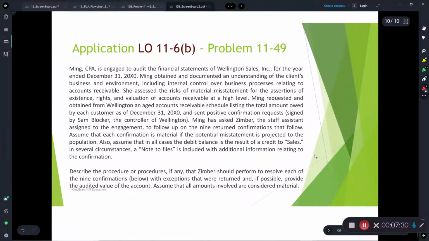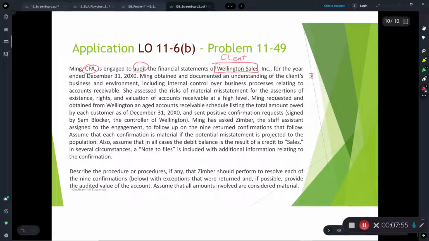We're going to take a look at an example situation where we're basically going to audit this company called Wellington's. This is our client. So we're the CPA, and the CPA obtained and documented an understanding of the client's business and environment.